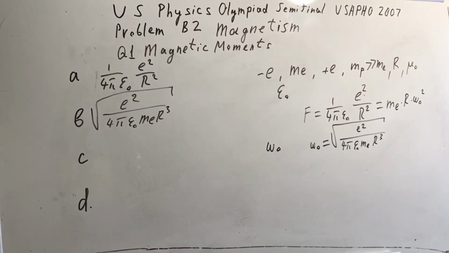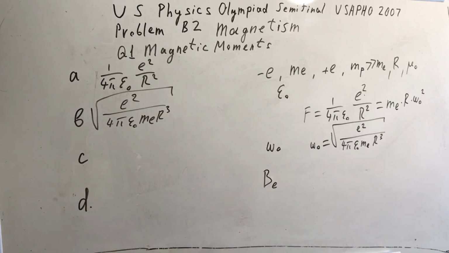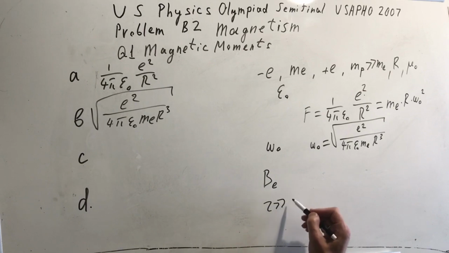Question C. Derive an expression for the magnitude of the magnetic field B due to the orbital motion of the electron at a distance z much greater than the radius of the electron orbit.